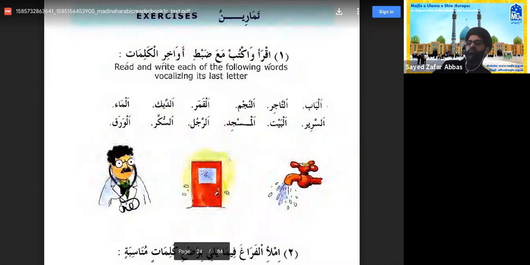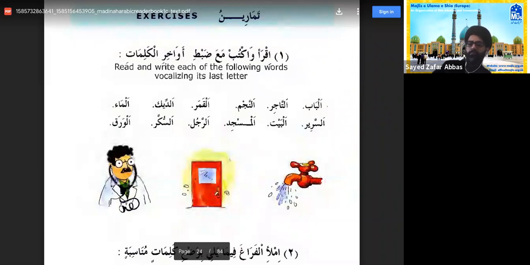Where we see all of these words have al, therefore we will not pronounce them with tanween. So al-babu, at-tajiru, an-najmu, al-qamaru, ad-diku, al-ma'u, as-sariru, al-baytu, al-masjidu, al-rajulu, as-sukkaru, al-waraq.